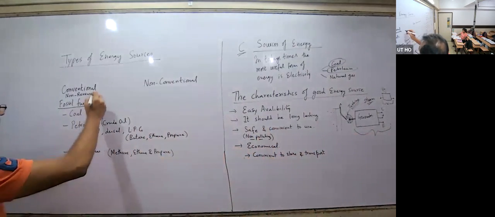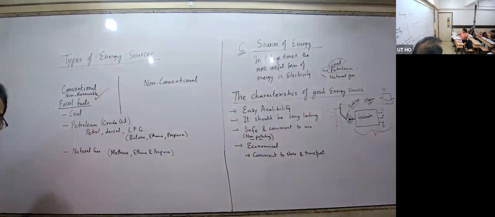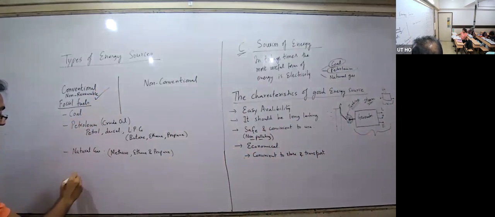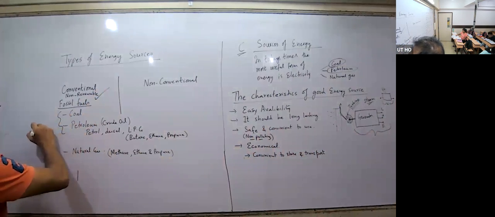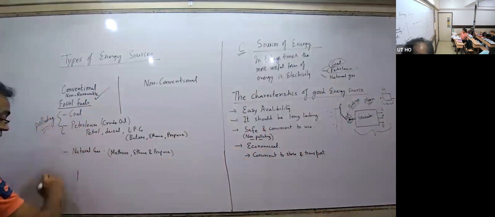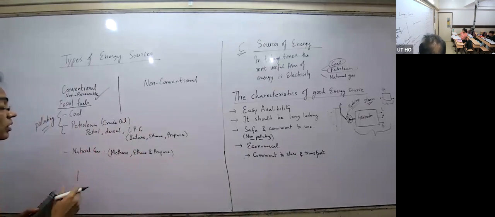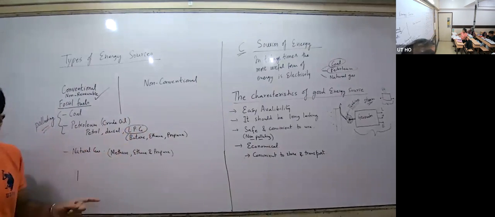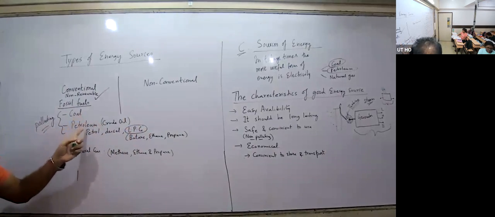But the problem with this conventional source of energy is it is non-renewable. Plus, it is more polluting. So coal and petroleum are definitely polluting. Okay. Out of this petroleum, LPG is least polluting because it is highly combustible, right? But these products are not fully combustible.